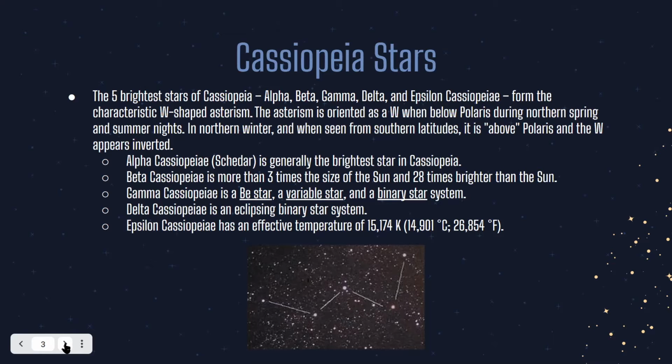And finally, Epsilon has an effective temperature of 15,174 K. In the picture below, you can see the W shape, and from the far left is Alpha, and then goes Beta, Gamma, Delta, and Epsilon.